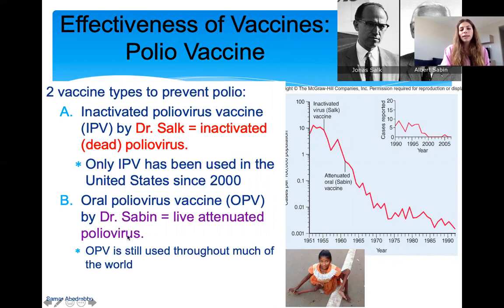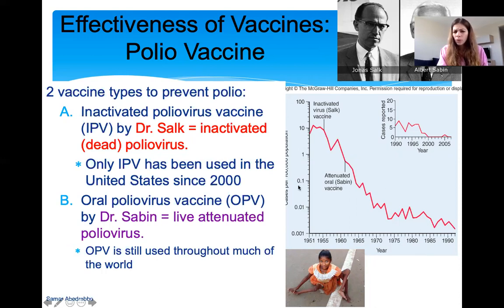And then Dr. Sabin has the oral polio vaccine, so you take it by mouth, which is a live attenuated polio virus. This is not used in the US, but it's used throughout much of the world. And you can imagine that giving someone an oral vaccine is a lot more cost effective and needs less skill than giving someone an injection. So this is also one reason why this vaccine is more popular in other countries.